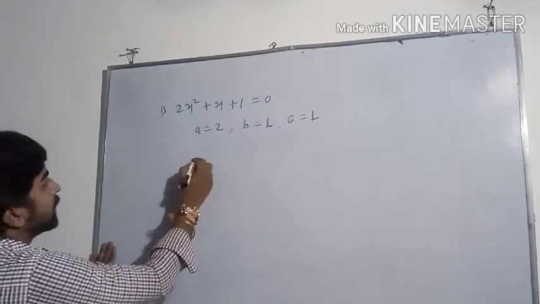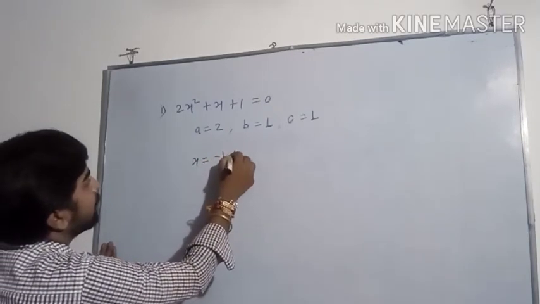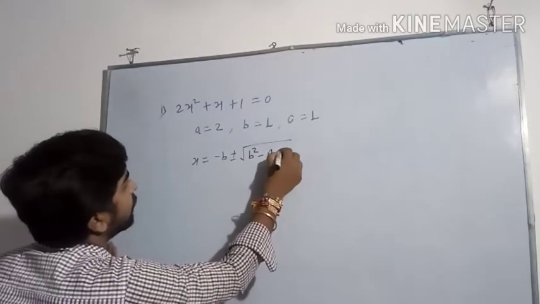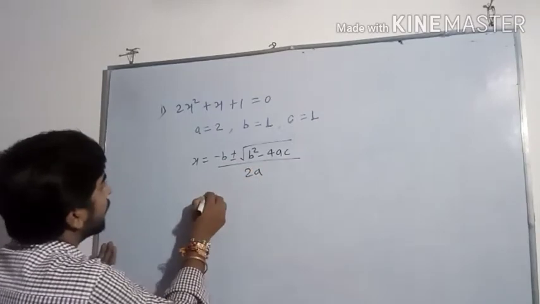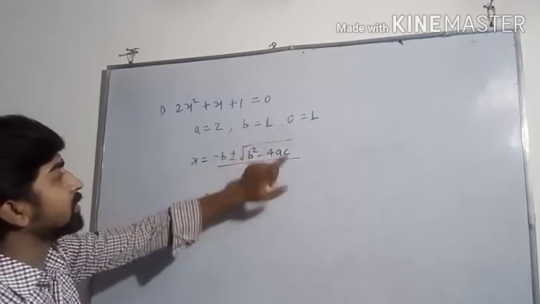Since we know x is equal to minus b plus minus under root b square minus 4ac by 2a, here we will put the values of a, b and c.